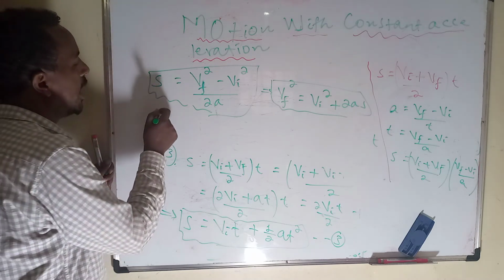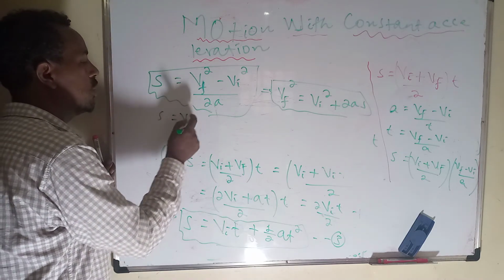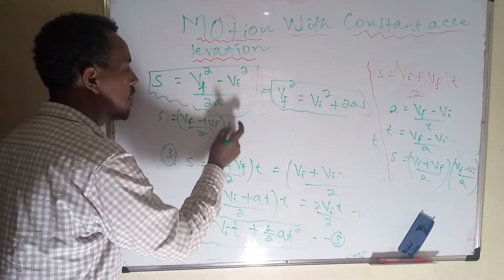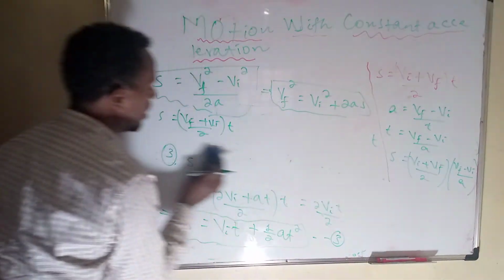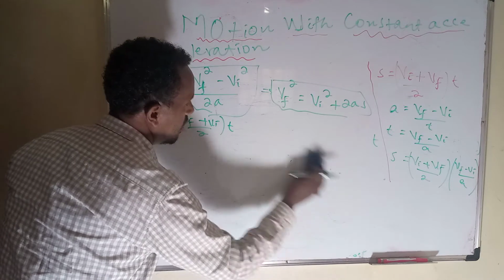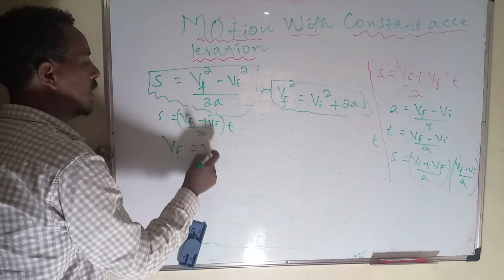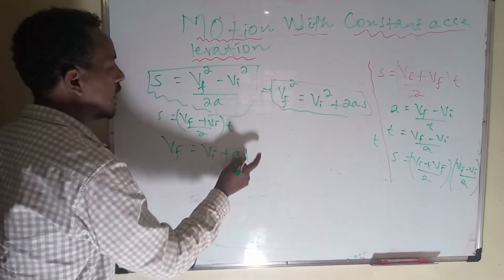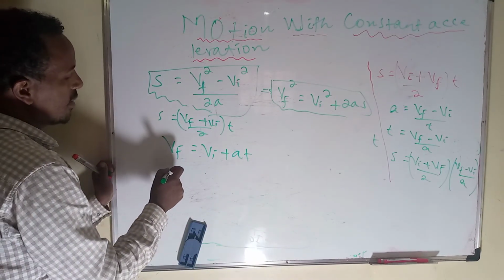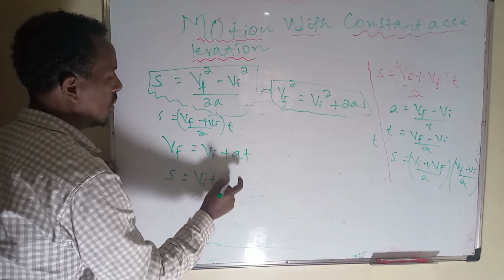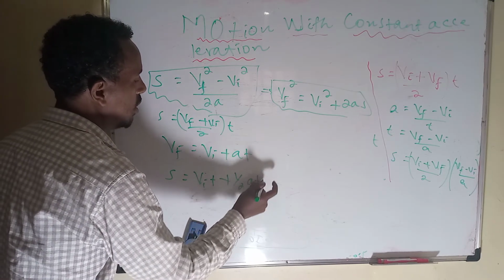The first one: S is equal to final velocity plus initial velocity over 2 times time. The second: final velocity is equal to initial velocity plus acceleration times time. The third: S is equal to V initial times time plus 1 over 2 at square.